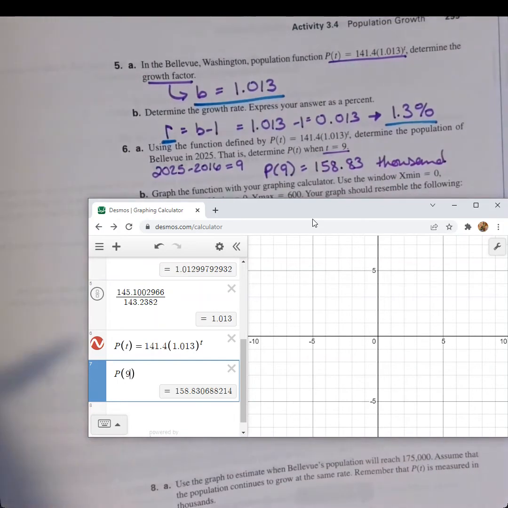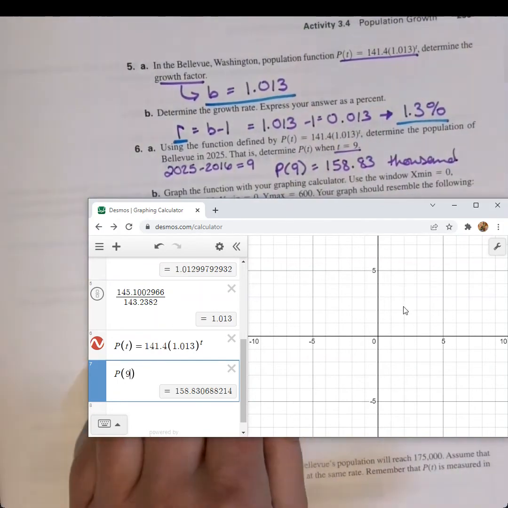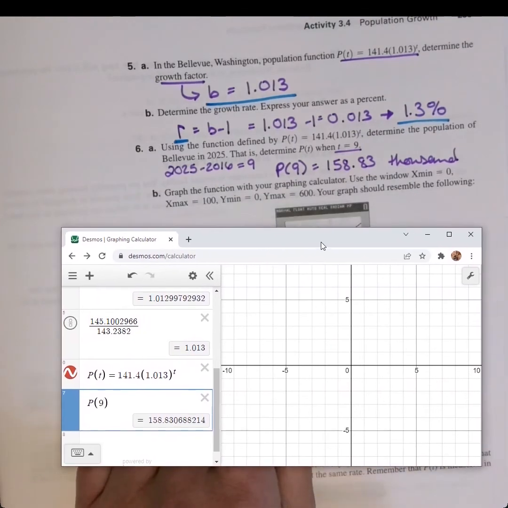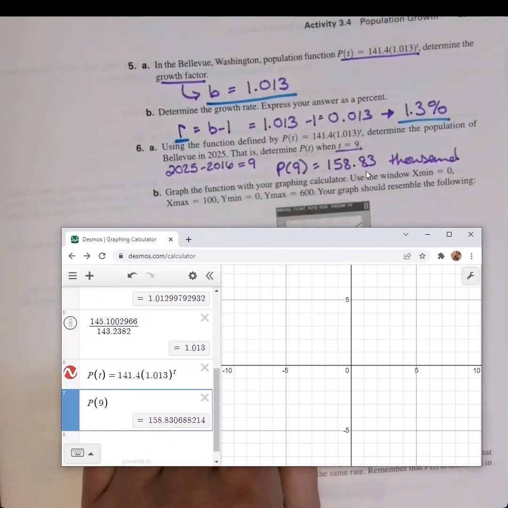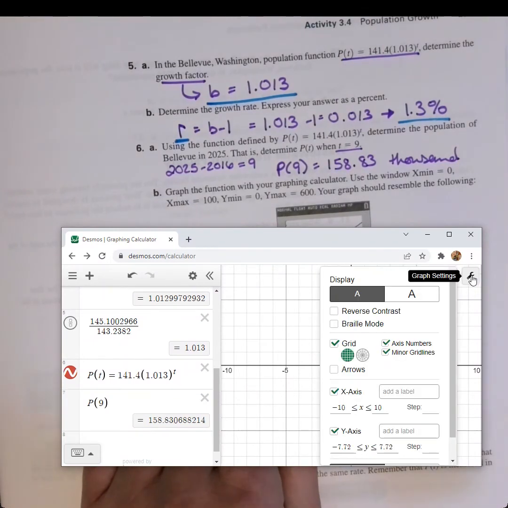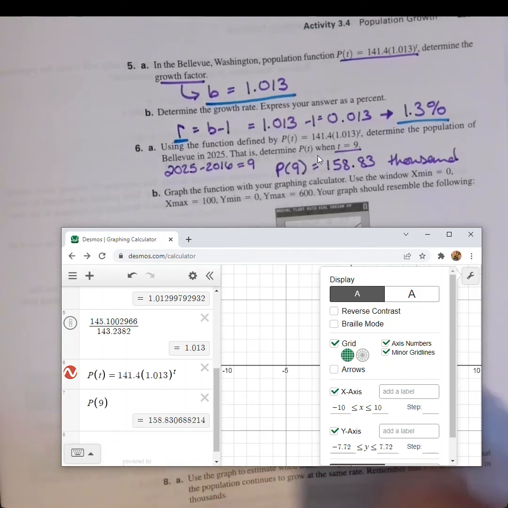All right, they want us to graph the function next. Now, it's already graphed because I have the function typed right here, but I can't see anything in this window. And I can't see anything because those numbers, 158.83, are large, and I can only see up to 5 tall, so they're going to help us rescale the window. If they didn't tell me how to rescale the window, I could always use the a value from the equation, 141, to give me a baseline, because that's where I'm going to cross the y-axis and then go up from there.